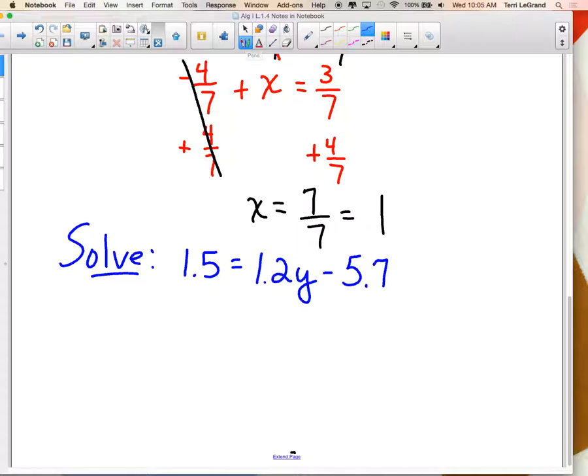I can guarantee you that this would not be a good time to do the undoing, the multiplying first.